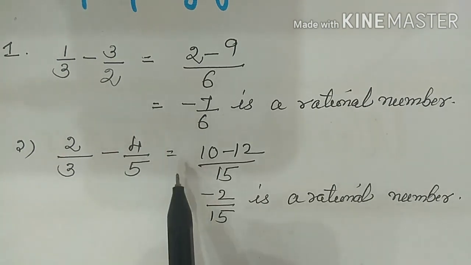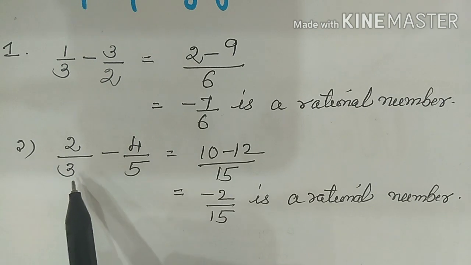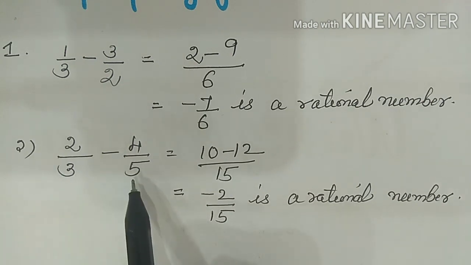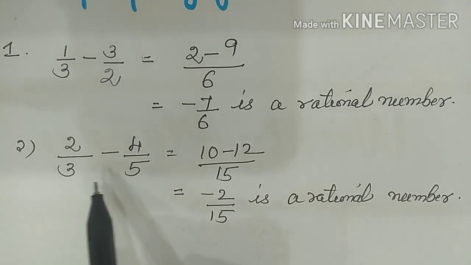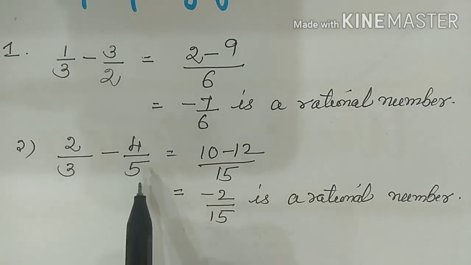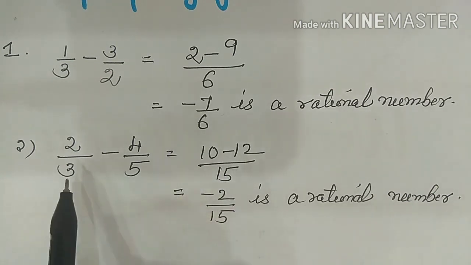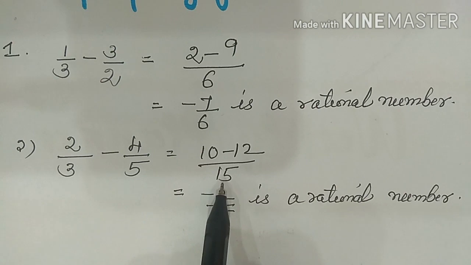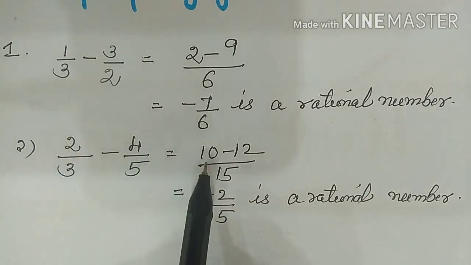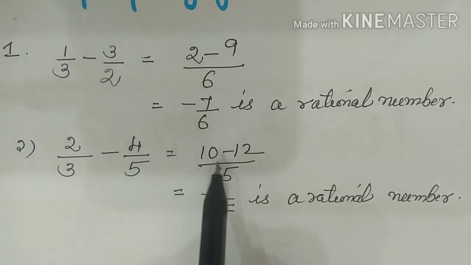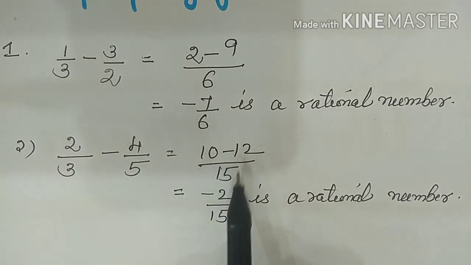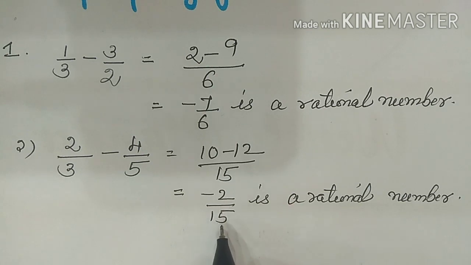Here the denominator is 3, here the denominator is 5, so denominators are different, so we have to take the LCM. LCM is nothing but 15. Now 3 5s are 15, so 5 2s are 10, here 3 5s are 15, 4 3s are 12. 10 minus 12, which is minus 2 by 15, which is also a rational number.